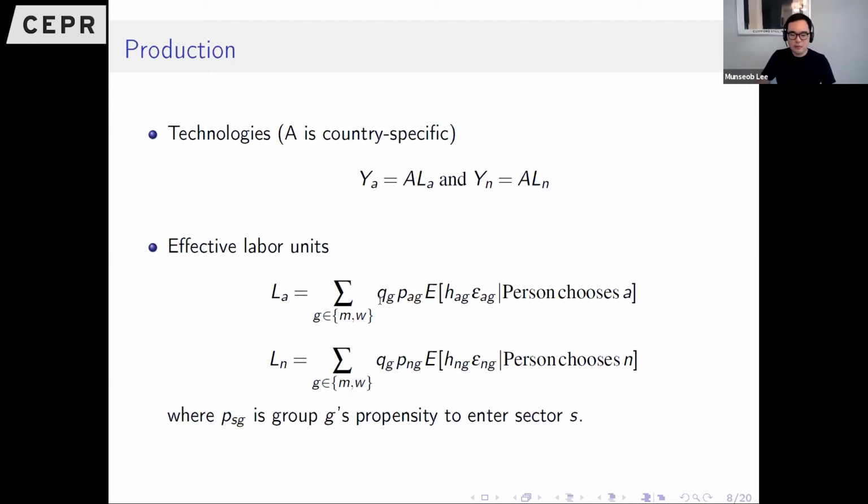Q is the number of workers of its gender, and P is the propensity of group G to enter sector S. So here it could be the male workers' probability of choosing the agricultural sector and so on. And then it's weighted by their working hours and then the talent. So the selection margin is going on right here.